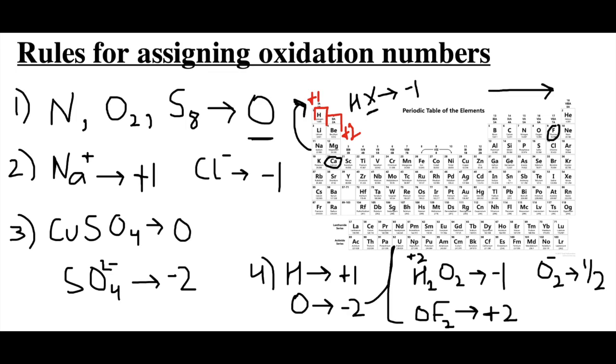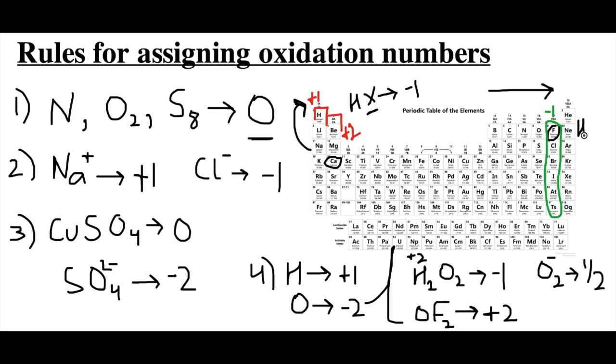Another rule that we can remember is that the oxidation number of all atoms present within group 7A of the periodic table is -1, except when they are bound to atoms which are more electronegative than them. For example, let's consider chlorine.